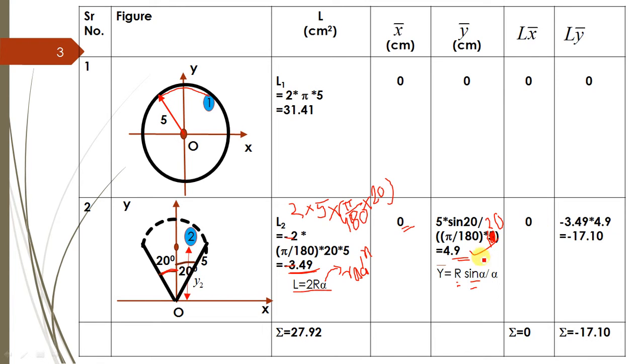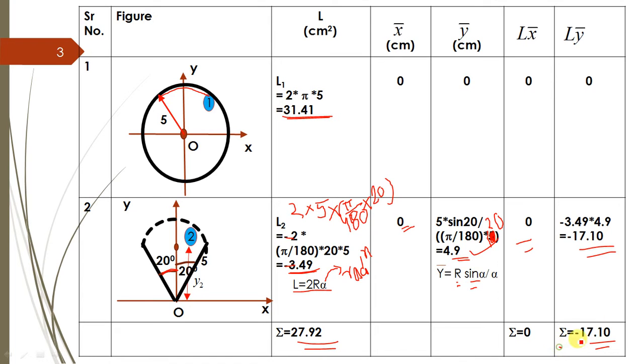Now we have to find out Lx. L into x is 0 and L into y is minus 17.10. So Lx is 0, Ly is the addition of these two, minus 17.10, and the addition of 31.41 minus 3.49 is 27.92.